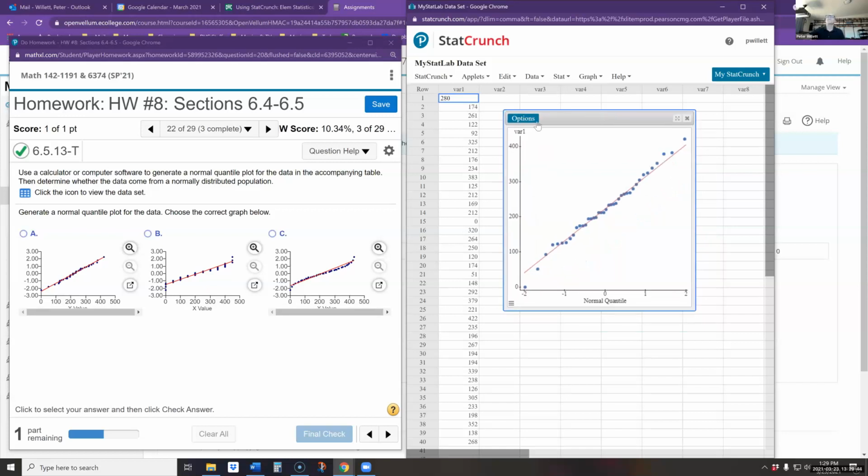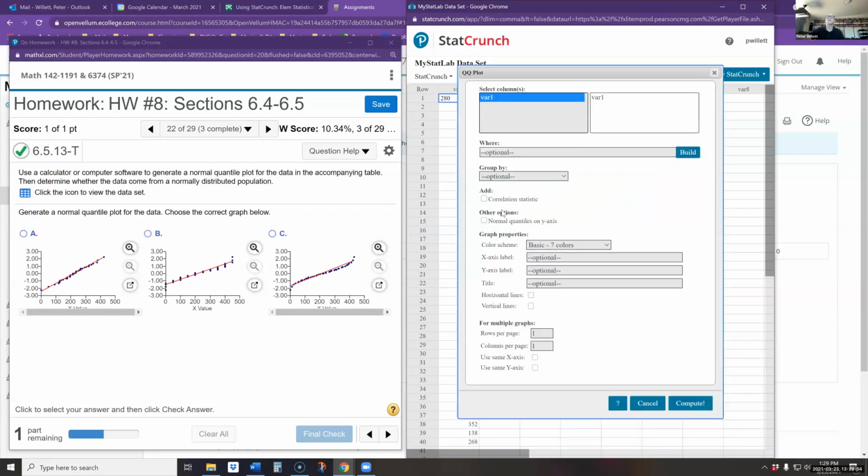So if you don't want to have to think about flipping the graph and you are comparing to previously made graphs in the book using StatCrunch, then what you can do is click here on Other options. It says normal quantiles, those are the z-scores, on the Y-axis. So in what we were just looking at, StatCrunch had put the z-scores on the X-axis.